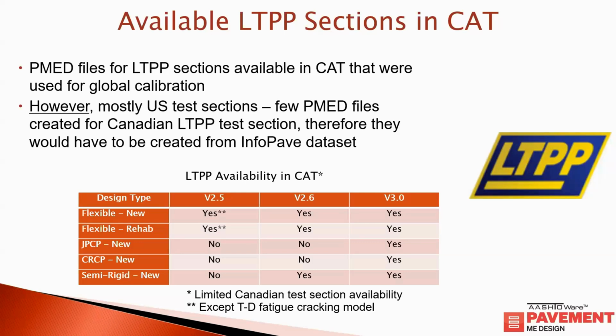We started using the MERRA-2 climate data set for concrete designs, as well as the slab interface friction modeling from the NCHRP 1-51 project was incorporated. So because of those changes, the rigid models were globally recalibrated. So the LTPP files that were used for that would be available only for the 3.0 version.